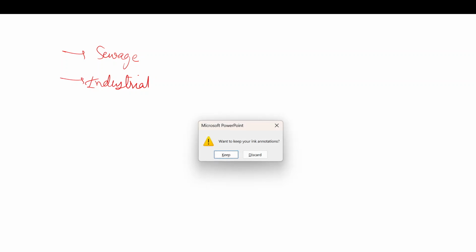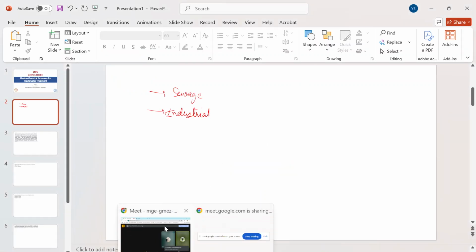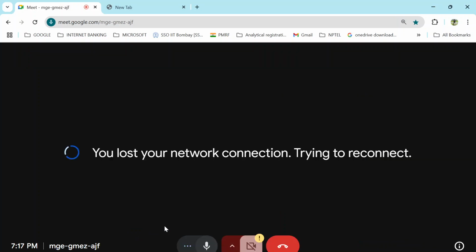So can you tell me what are the different types of parameters, just for the revision?